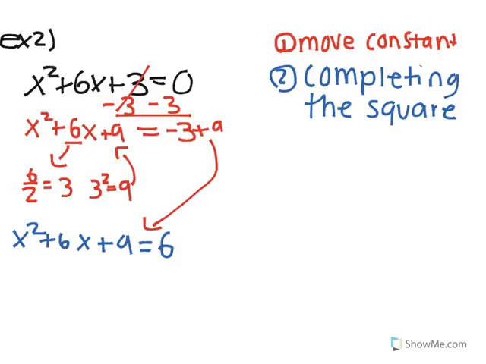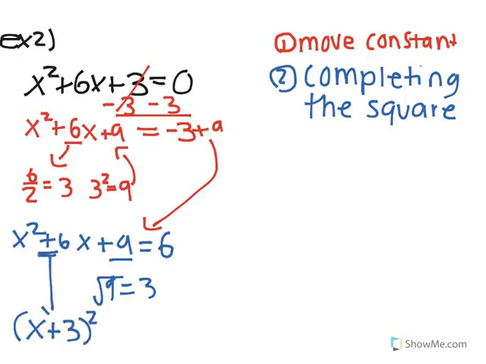So remember, I take this term, I take its square root, and I make a binomial like this. And then I just make a binomial keeping that first sign and the square root of that being that, and equals 6. And now I just solve for x like a normal equation.